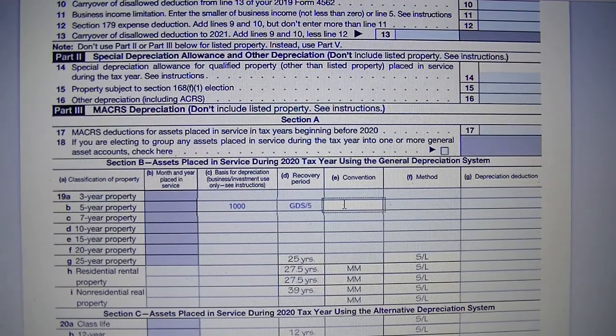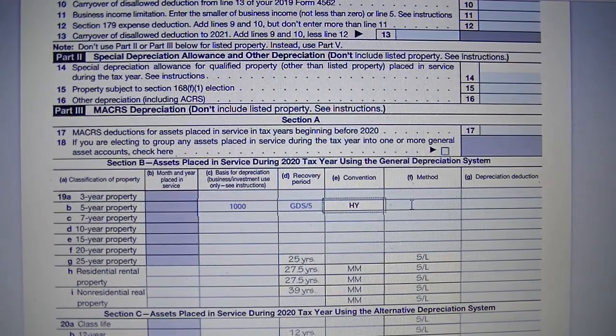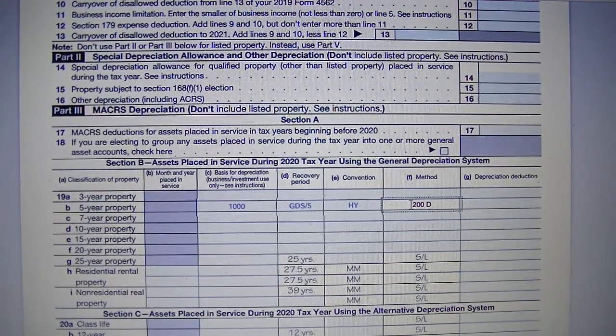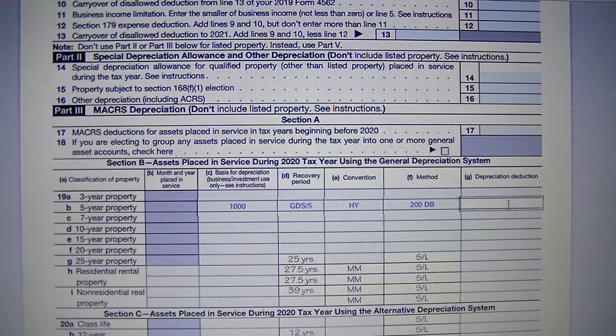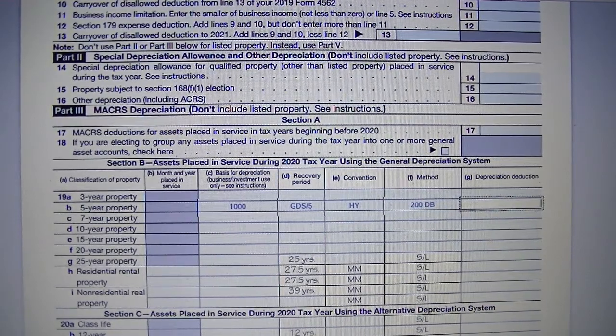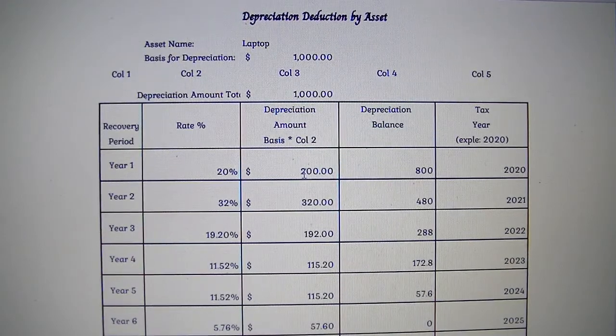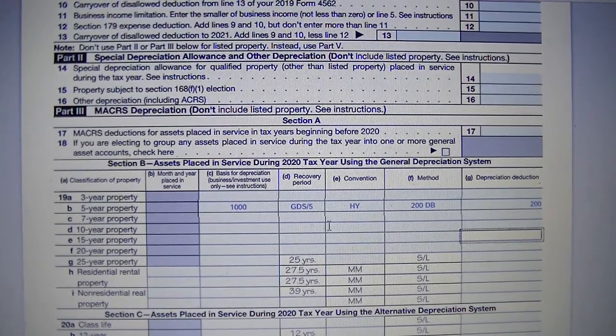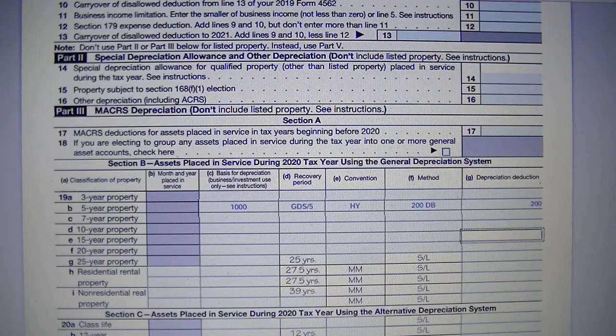The convention was half year, and the method we used was 200 declining balance, and the deduction for 2020, we can go back to it, is 200. And that's how you'll complete section B part 3, form 4562 depreciation and amortization for your laptop depreciation.